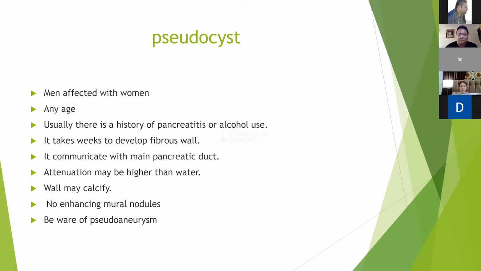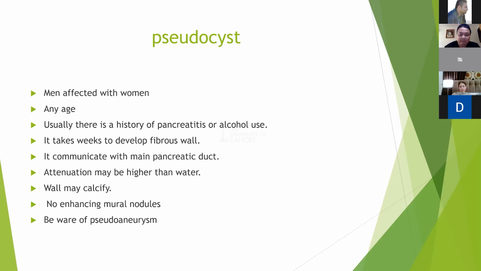The content of the cyst may be water density or higher than water density, but will not show enhancement. If we see enhancement of the lumen of the pseudocyst, we should be worried about pseudoaneurysm. We know that acute pancreatitis may lead to pseudoaneurysm of the splenic artery or other vessels.